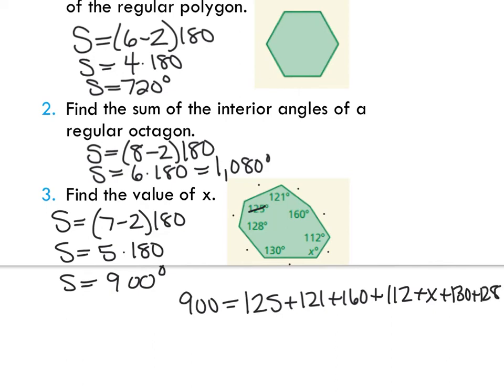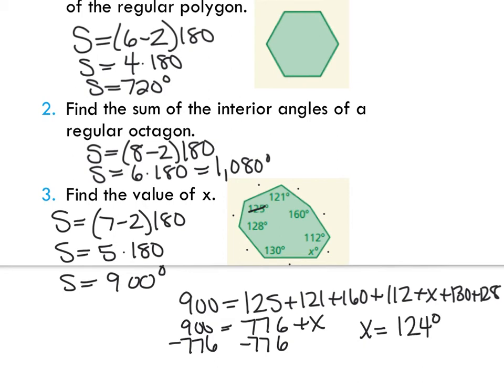And then I'll combine all of my like terms, so I have a lot of constants on the right-hand side, so I'll add them all up. And punching it into my calculator, I get 776 plus x. And then I want to solve for x. I'll subtract 776. And I get x equals 124 degrees there.